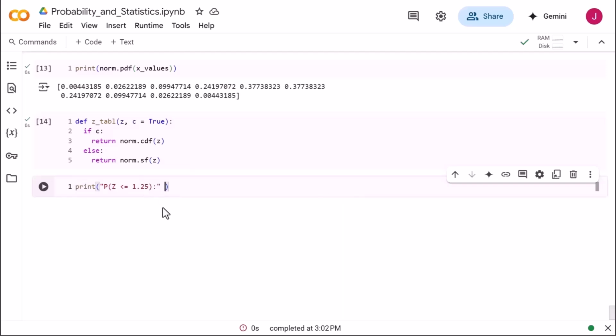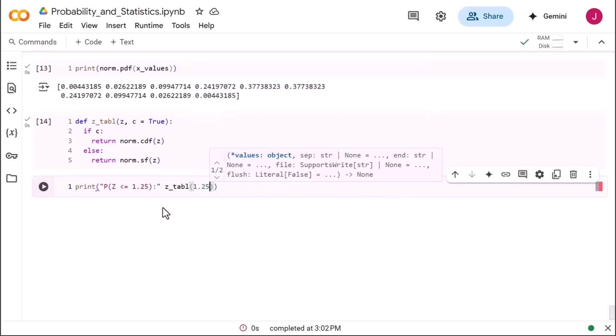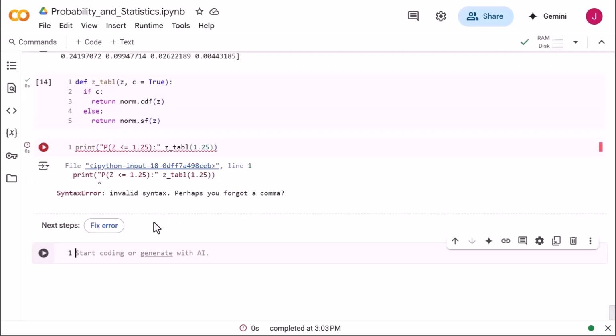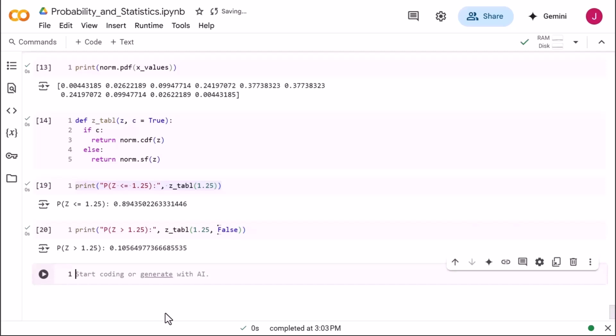This is equal to z_table, and we will pass 1.25 because it is less than or equal to 1.25. We don't need to pass the c. So here I missed the comma. So it is 0.8943. Then we will do the same. This time we go for z greater than 1.25, and in here we need to pass false, but it is the other side, so it is 0.1056.